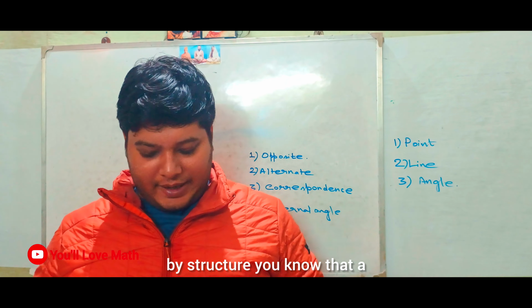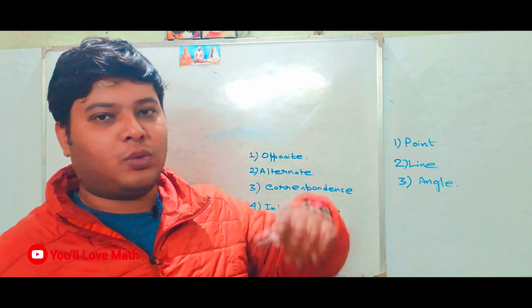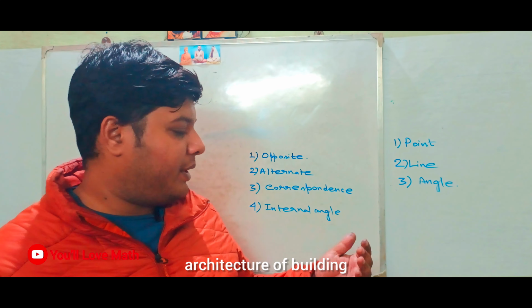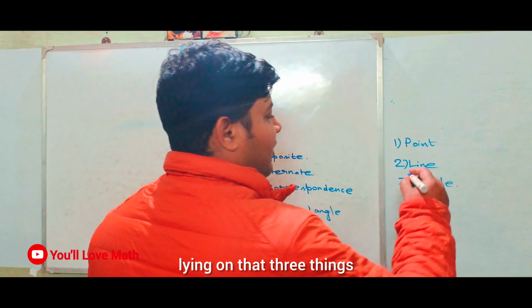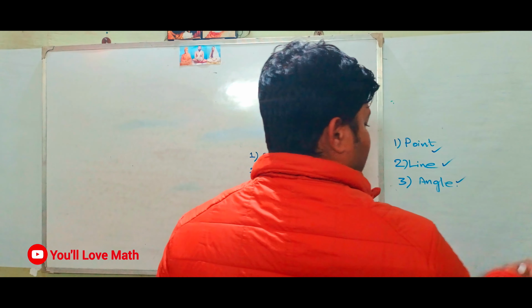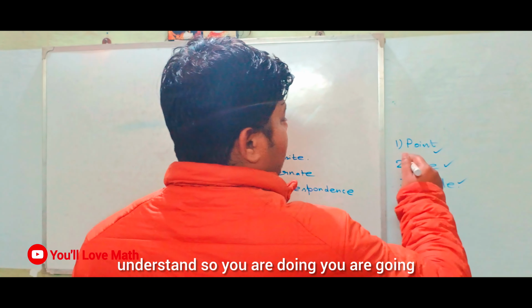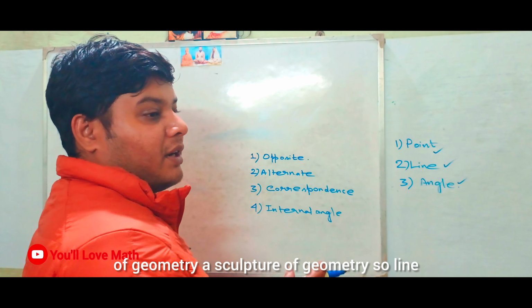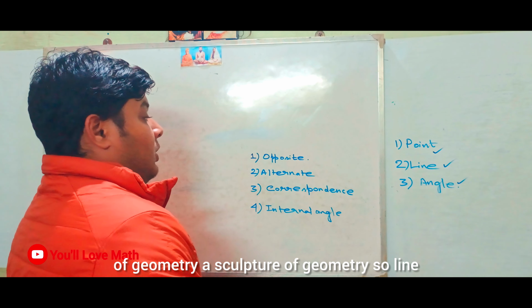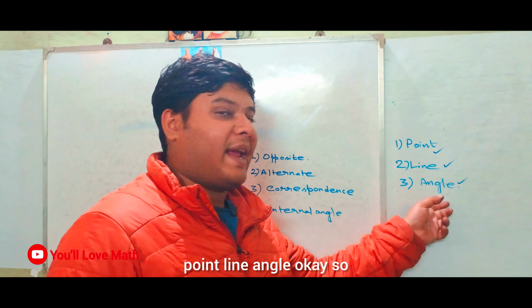Very old, big architecture of buildings or any bridge is lying on those three things. So you are going to make a building of geometry, an architecture, a sculpture of geometry. So point, line, angle.